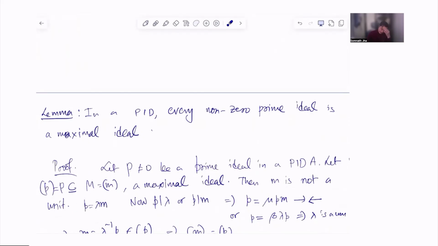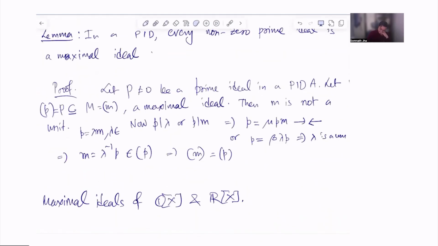So again, the proof is similar to the previous one we did. So P belongs to the ideal generated by m. So P can be written as lambda times m, where lambda belongs to A, right?